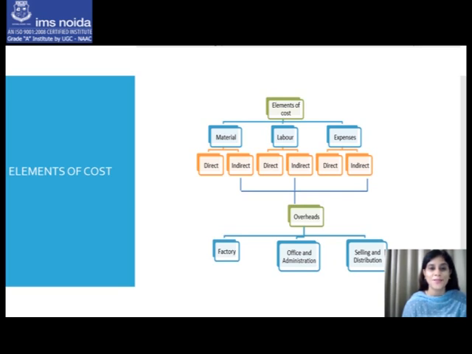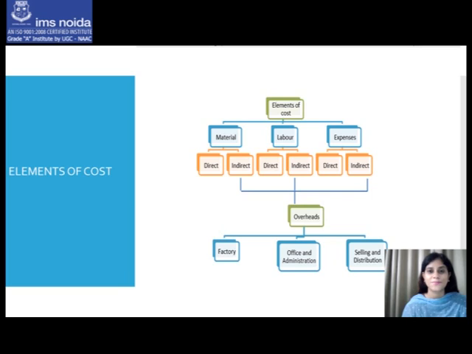Next, what else can be included in direct material? Primary packing material like cartons, cardboard boxes, etc. So this was all about direct material cost. That means all costs which can be directly attributed towards production are direct material cost.